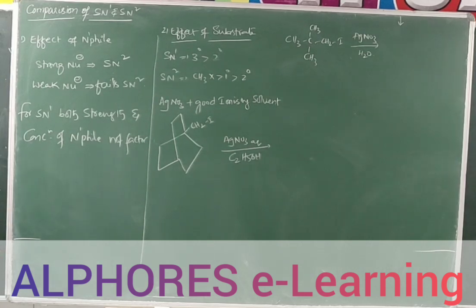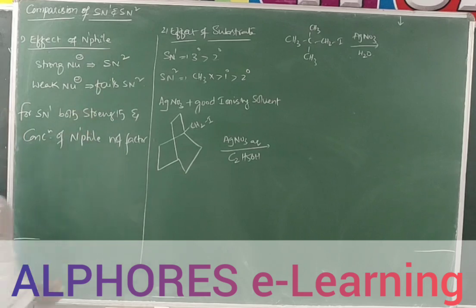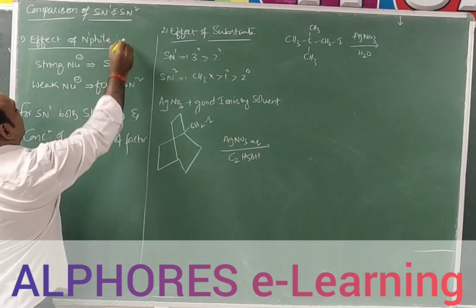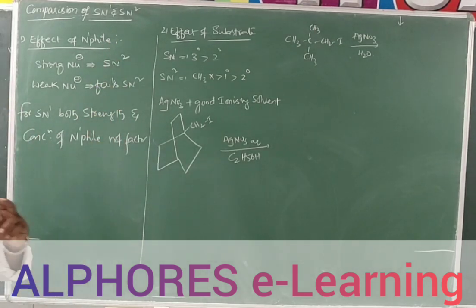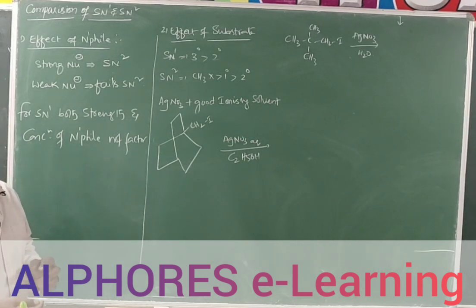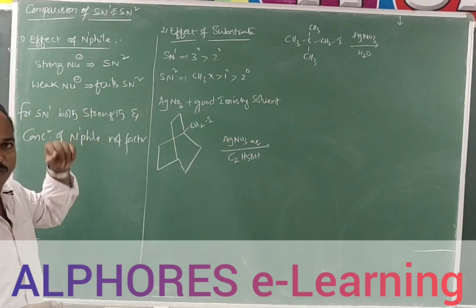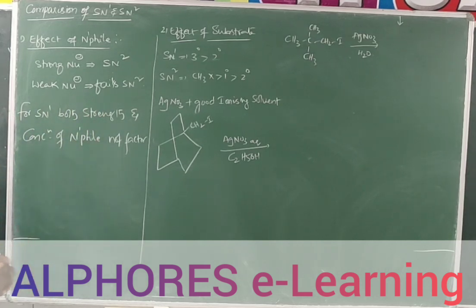First one, effect of nucleophile. As we discussed, there are two main types of nucleophiles: a negatively charged one and a neutral one. Negatively charged nucleophiles we generally consider strong nucleophiles, and neutral nucleophiles weak nucleophiles.